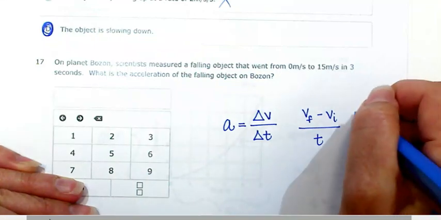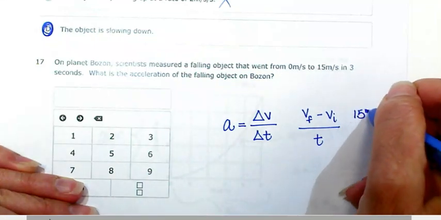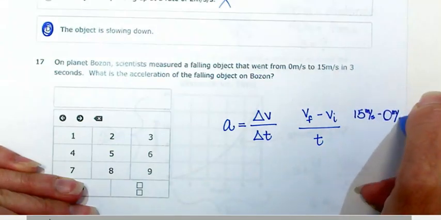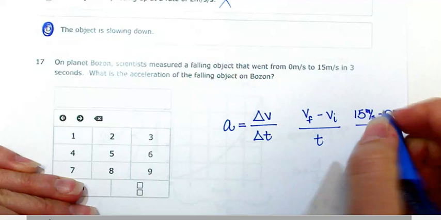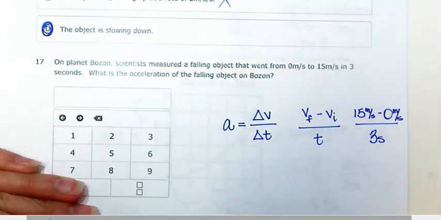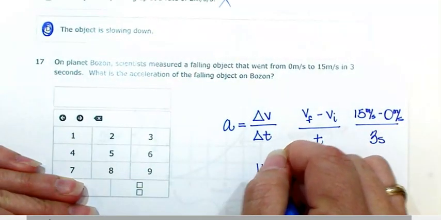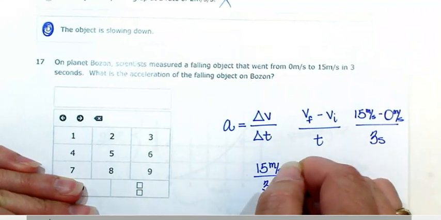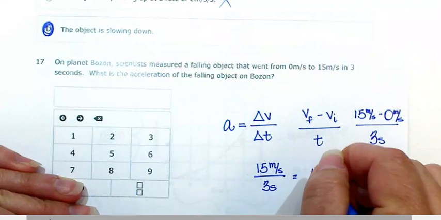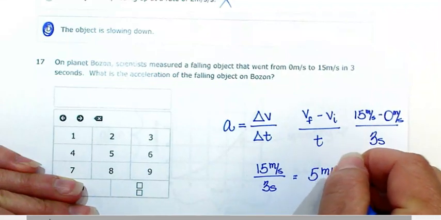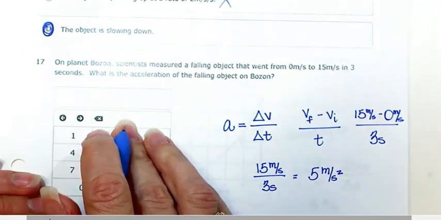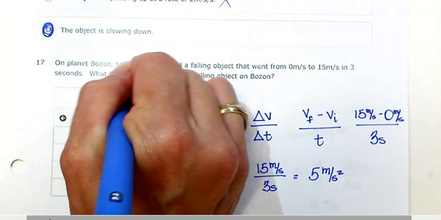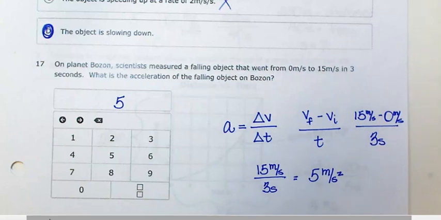Our final velocity was 15. Our initial velocity was 0. And it took 3 seconds to do that. So a change of 15 meters per second, which took 3 seconds to do, is an acceleration of 5 meters per second squared. Now, again, on the test, you couldn't really put in units, so just worry about the number. Okay, 5 meters per second squared.